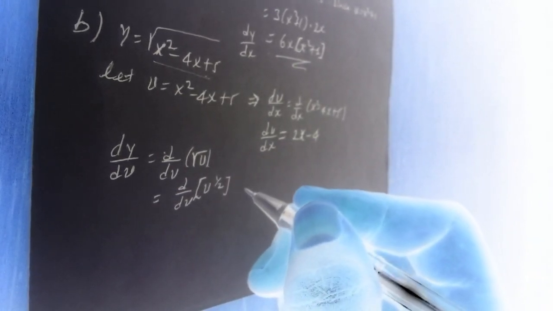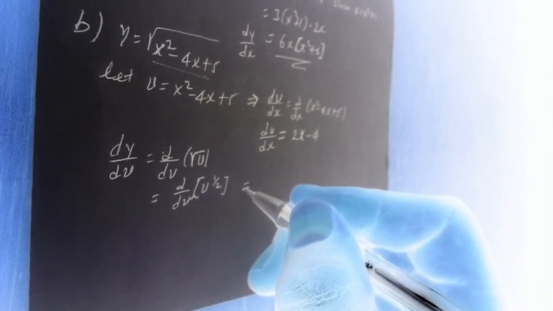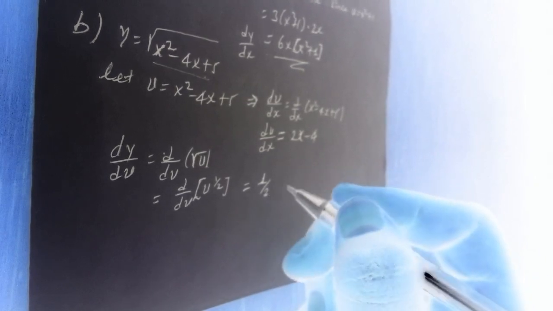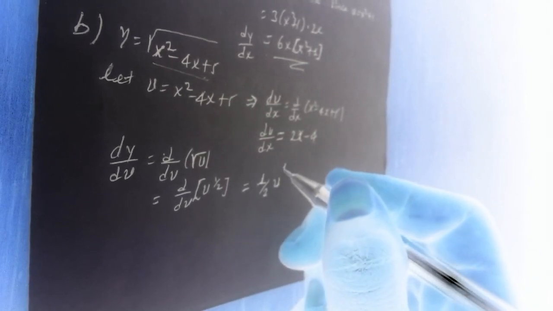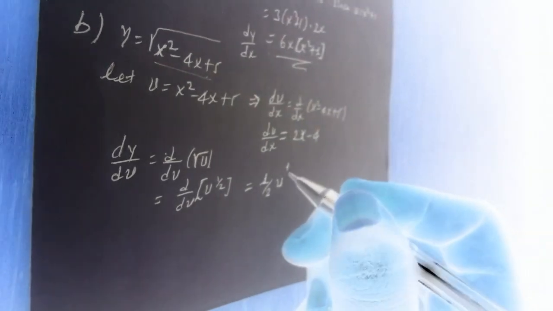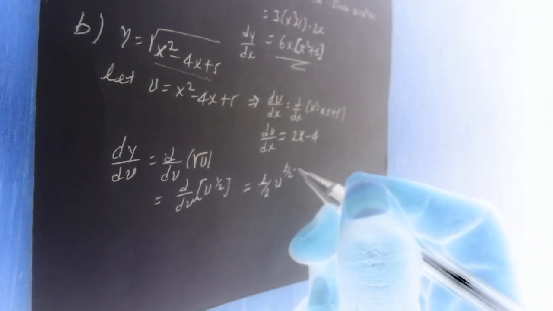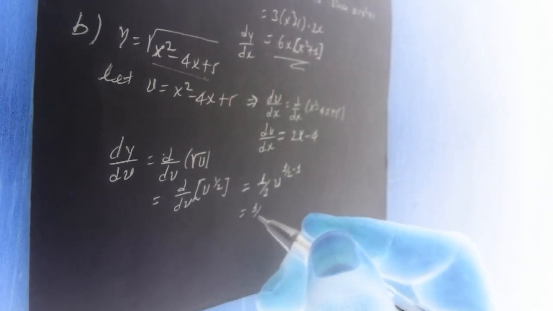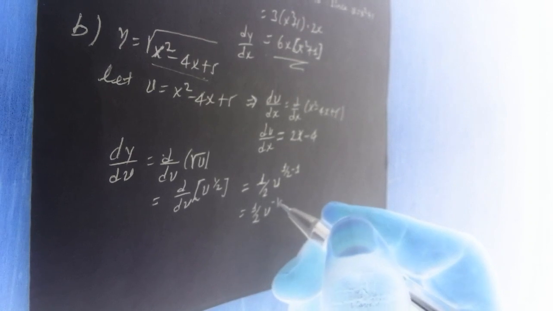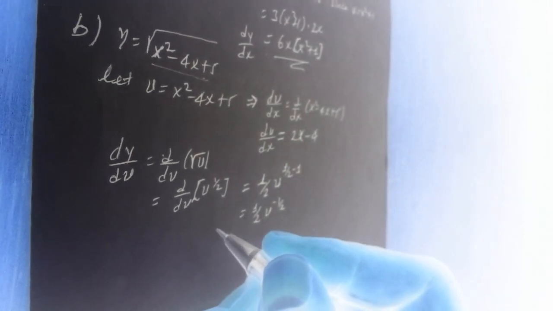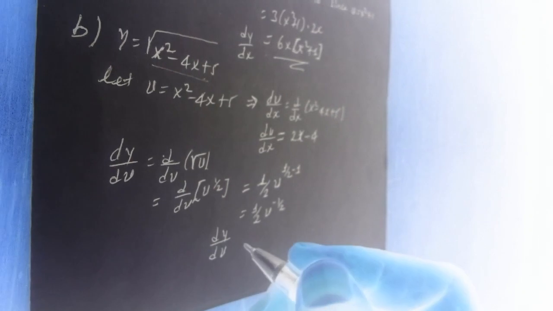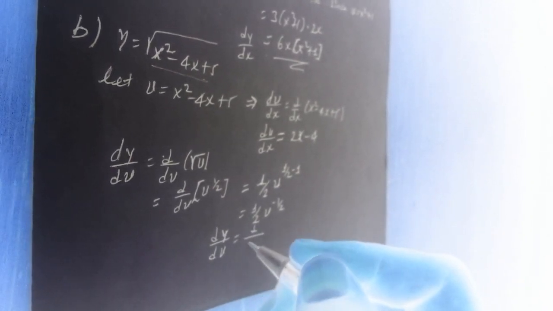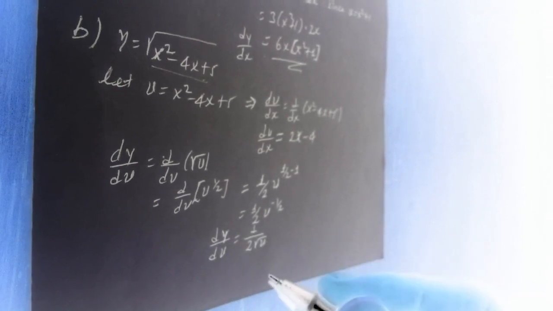The derivative of u to the power of 1 over 2 is 1 over 2 times u to the power of 1 over 2 minus 1. This is equal to 1 over 2 u to the power of minus 1 over 2. Since the power is negative, we can rewrite it as 1 over 2 root u.